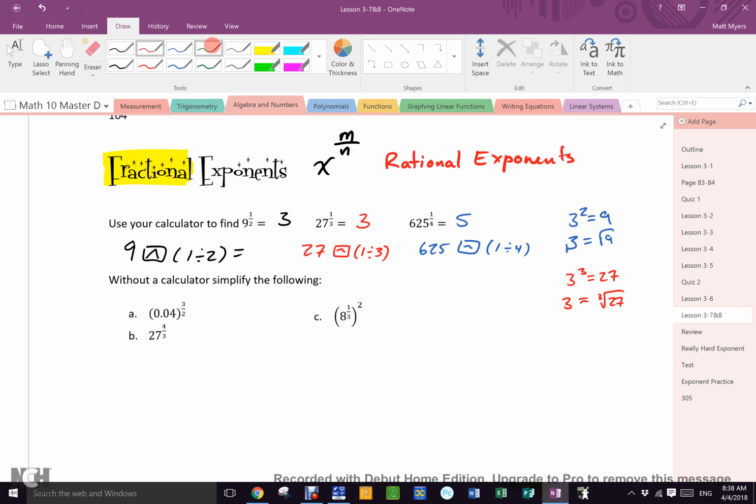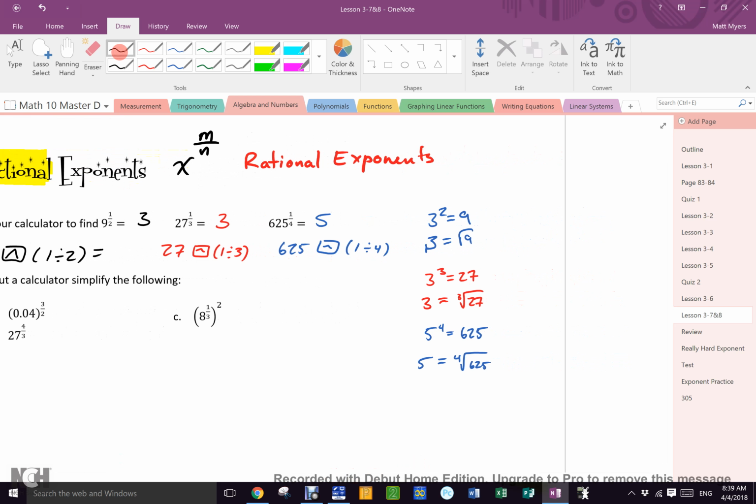And if we used our calculator, we would find that 5 to the 4th is 625, which automatically means that the 4th root of 625 is 5. Is everybody cool with that relationship? Easy, right? You can see it right there.